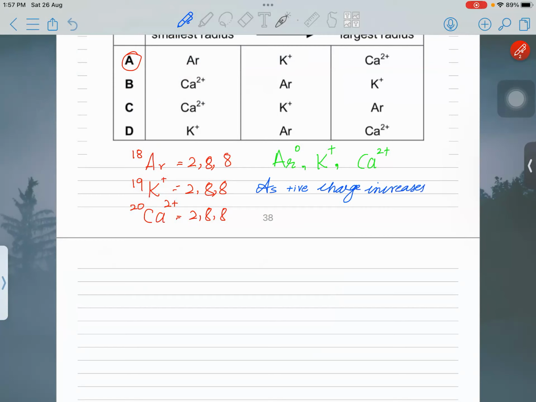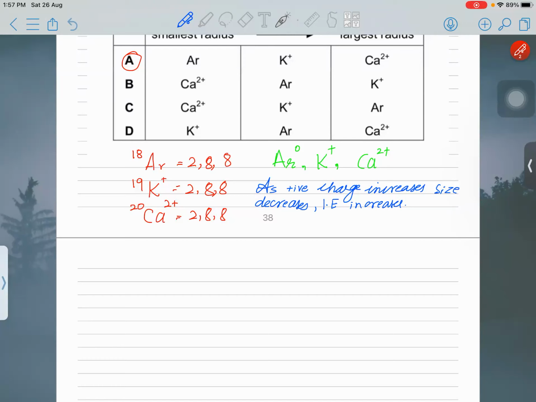So which one has high ionization energy? Argon, potassium or calcium?